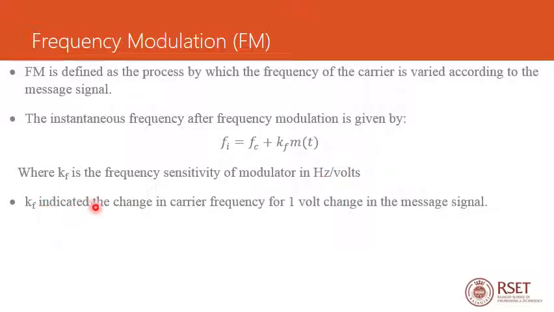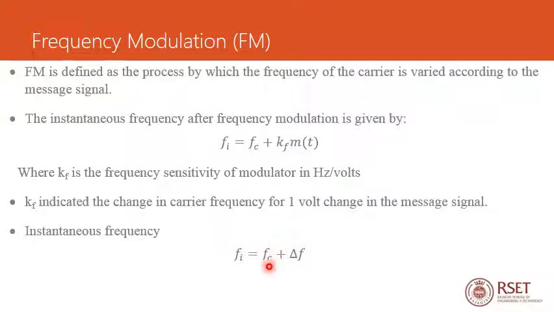This kf indicates the change in carrier frequency for a 1 volt change in the message signal. The instantaneous frequency after frequency modulation is fi = fc + Δf.